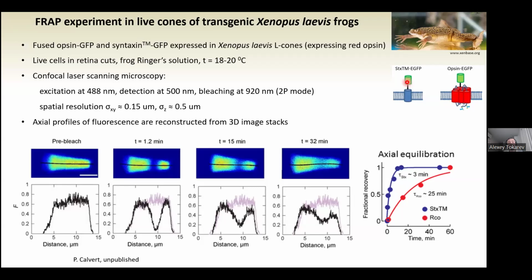Regarding that, my question is: is the thickness of the plasma membrane different in different lamellas? And if yes, is there some kind of topology in the outer segment regarding that thickness? Because that could affect the process of diffusion.